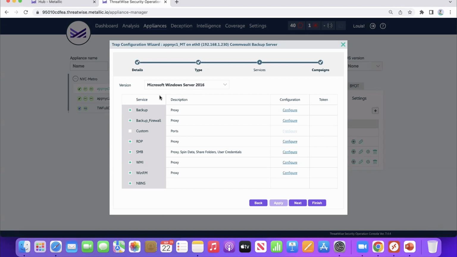These are the services that resemble that server. You have your backup firewall, which I had mentioned earlier, and any sort of RDP, SMB, same type of thing. If you wanted to put specific data on there, you have that capability. Is this what you were referring to, the Commvault backup trap? Yeah, this is the Commvault trap.